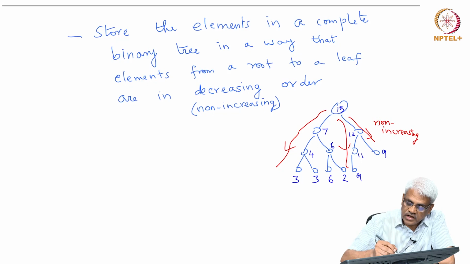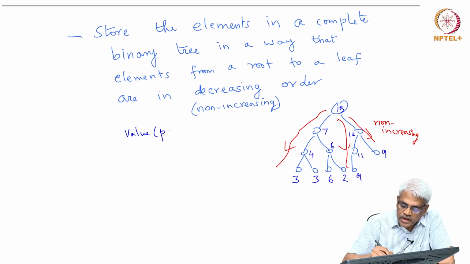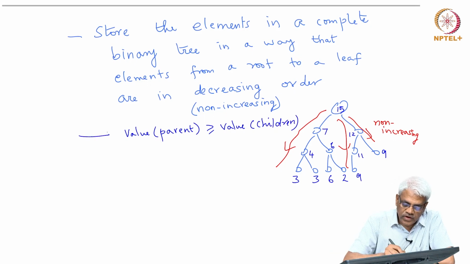In particular, how I am going to achieve this is that the value at the parent is greater than or equal to the value at its children. So this is a property which we ensure.